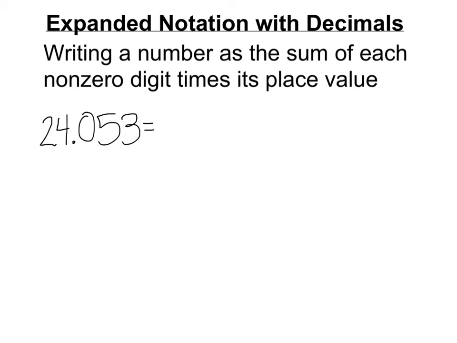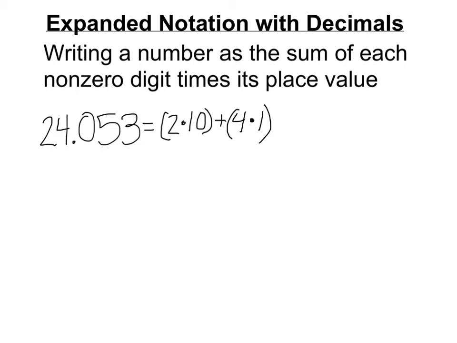So we start with the largest digit, which is 2. So 2 times its place value, well, there's the ones place, so that's the tens place. So 2 times 10. It's a sum, so I've got to add on the next digit. And the next digit's 4, which is in the ones place. So 4 times its place value, which is the ones place.